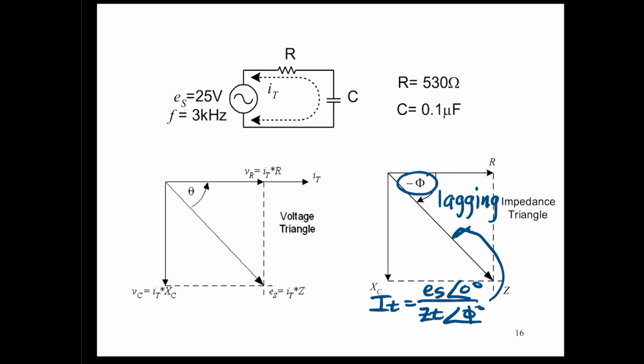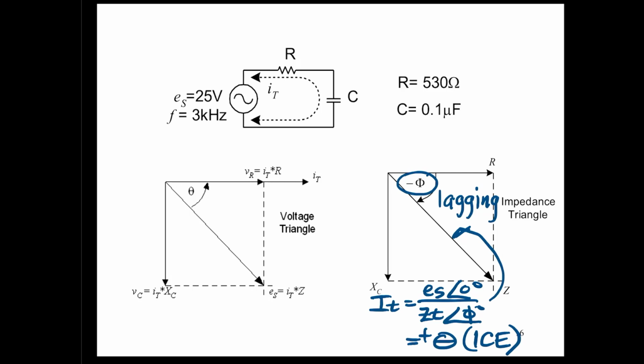With angle phi being negative, once you divide it into your applied voltage, you would have I total at a magnitude where it comes up with a leading phase angle. So that means we're proving that ICE applies to this relationship.